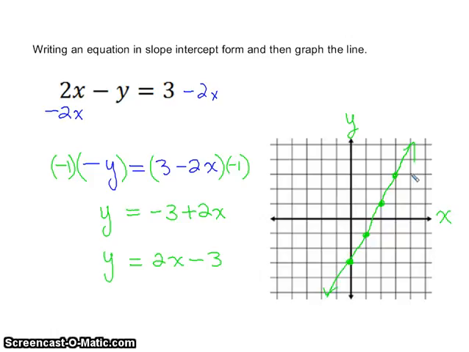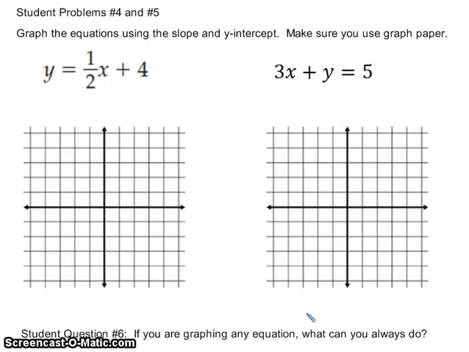And then our equation is graphed. So your final challenge is to graph these two equations using the slope and y-intercept. Make sure that you use graph paper. And then you have one more question. It says, if you are graphing any equation, and I mean linear or nonlinear, what can you always do?